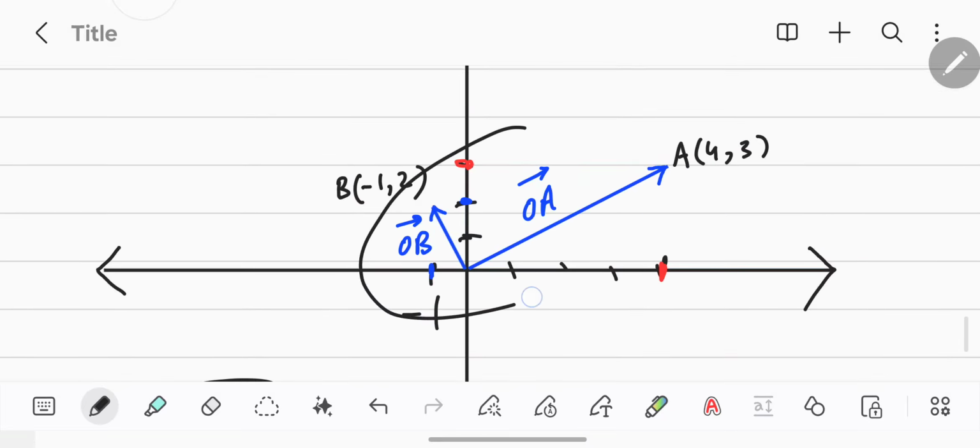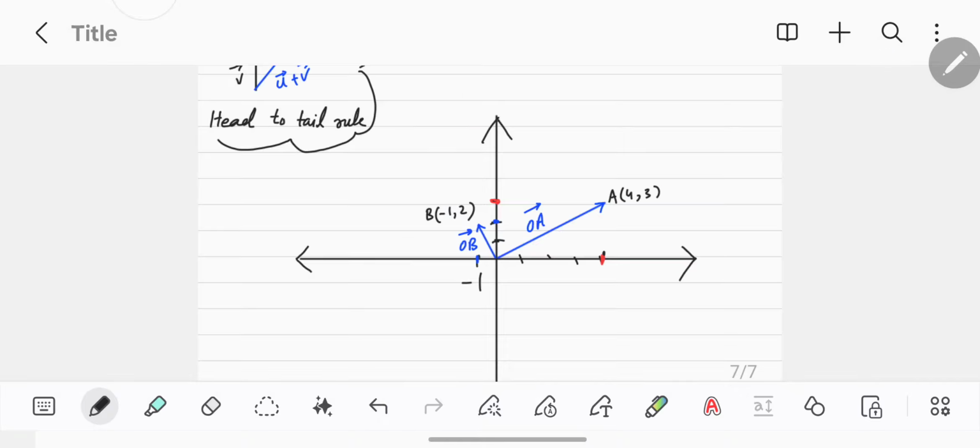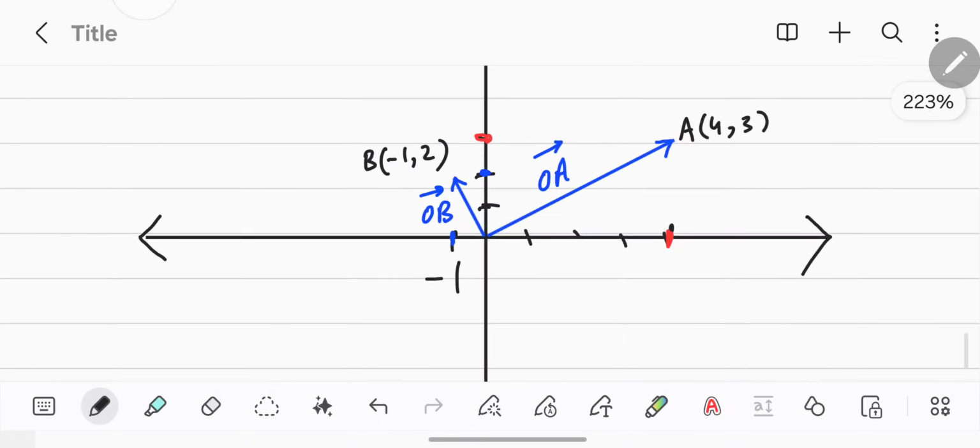Now I have to add these two vectors. How can I add them? Let's look. What will I do? I will keep this vector and shift it such that its tail is here at the head of the other vector, right?